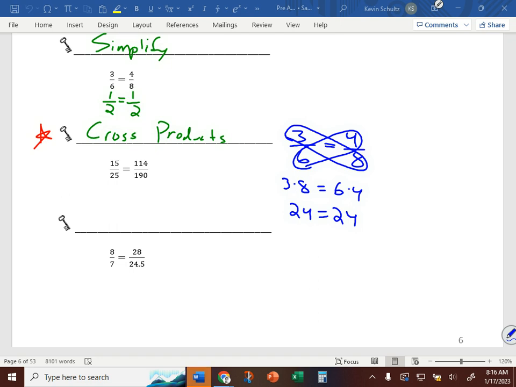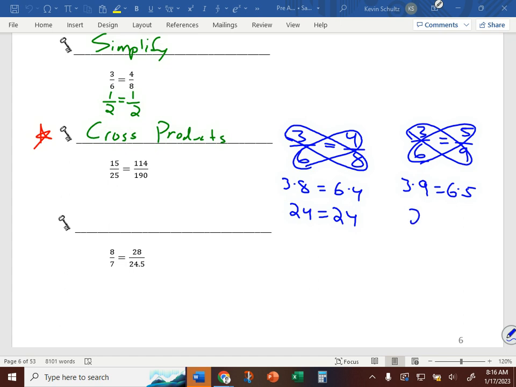If I had two fractions that weren't equivalent, let's use 3/6 and say 5/9, right? Using cross products, is 3 times 9 equal to 6 times 5?